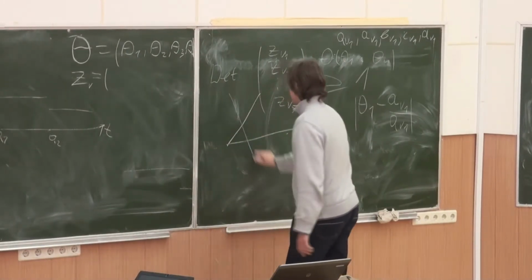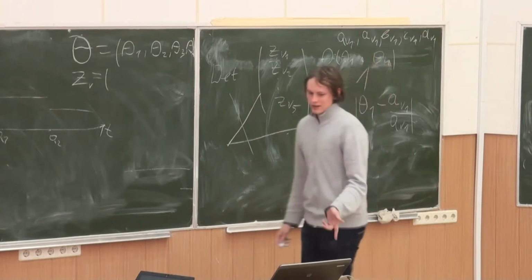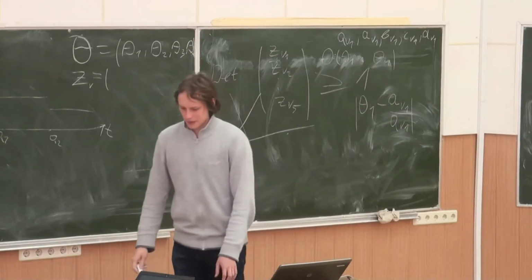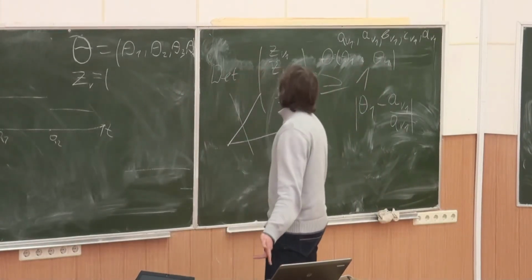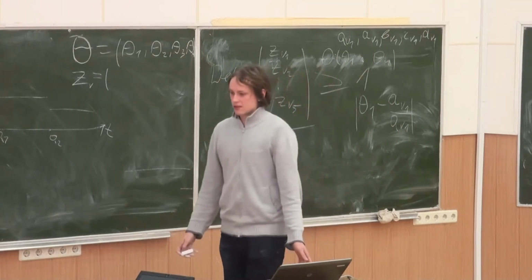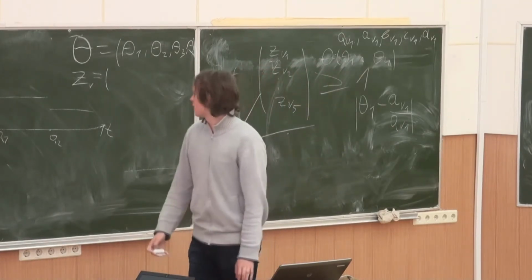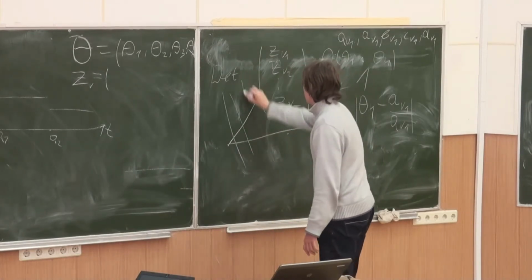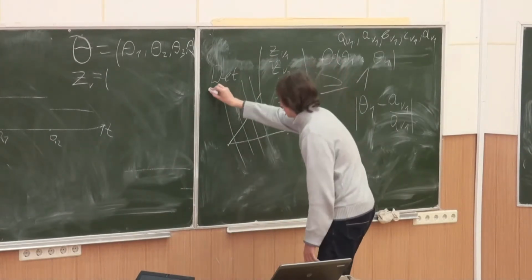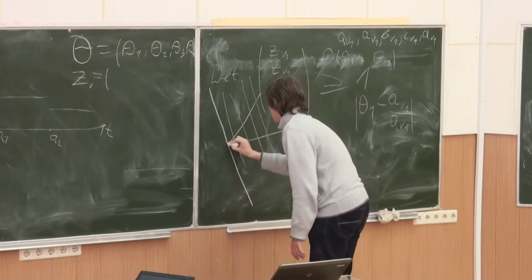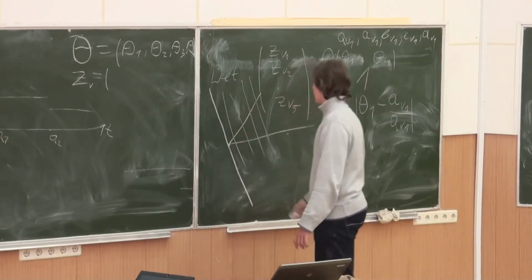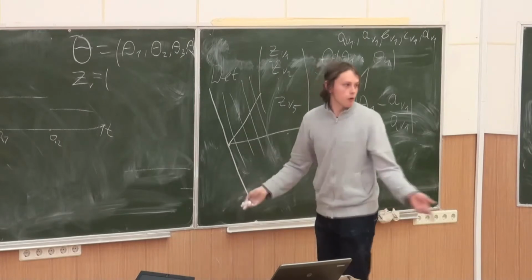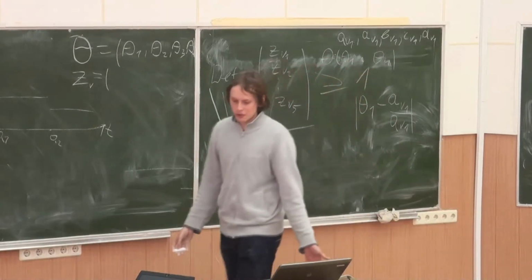And what is the critical case where the system doesn't have solutions anymore? For different g, we have a different picture, but sometimes this plane contains the vertex of the cone. And this is the critical case.